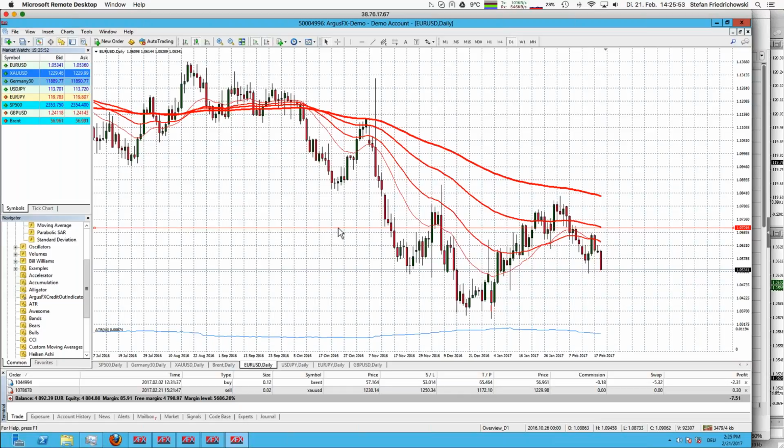So we can place an order here, and what kind of order it would be is simply a sell limit order. So price has to go upwards until hitting that red line. Then the trade would be triggered to the short direction, and that is the preferred direction here out of the chart. Stop loss, quite similar.